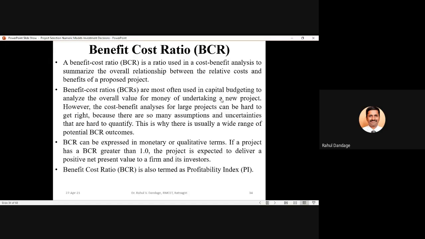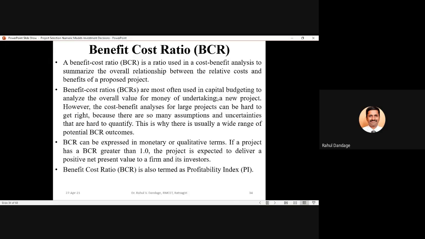But instead of subtracting the initial investment or equating it to the present value of future benefits, here we take the ratio of the various benefits that will come across the life cycle of the project at different time spans. We find their present worth, add them together, and divide this value by the cost incurred, or the initial investment.